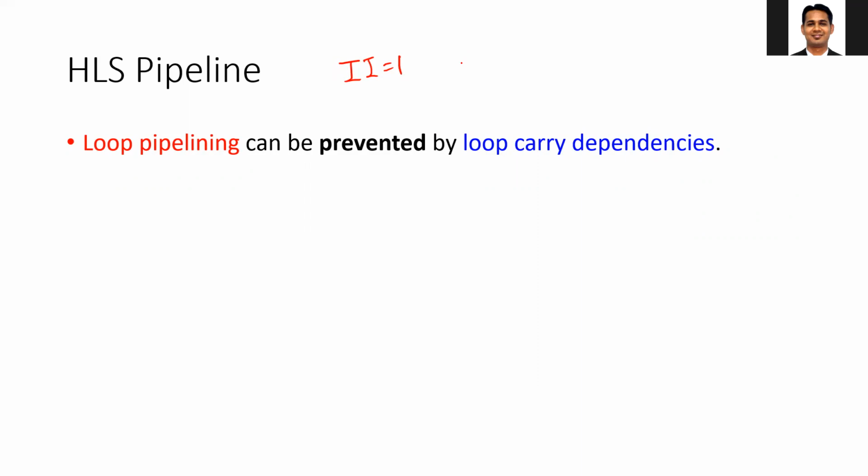Due to this, unless the result output of the previous iteration is completed, there is no point in generating the multiplier output, because the multiplier output will be used only when the result operation of the previous iteration gets completed. That's why instead of an initiation interval of 1, we got an initiation interval of 5. So when you are doing loop pipelining, you need to take into account the loop carry dependency.